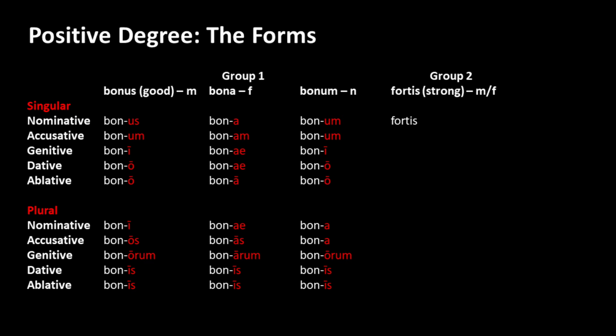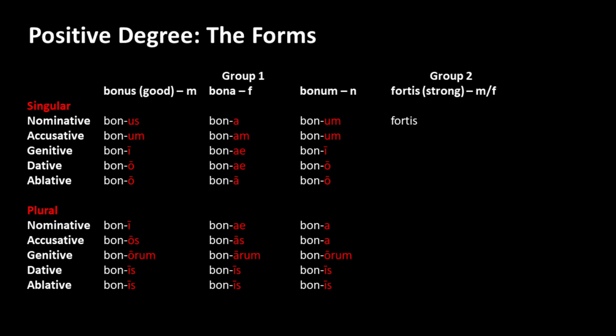That is, you cannot, just by looking at them in themselves, tell the difference between masculine and feminine adjectives in the third declension, or in group 2. There are, of course, differences for the neuter form of the adjective, just as there are differences for the neuter form of third declension nouns. But let us focus for the moment on fortis, here in the masculine and feminine.